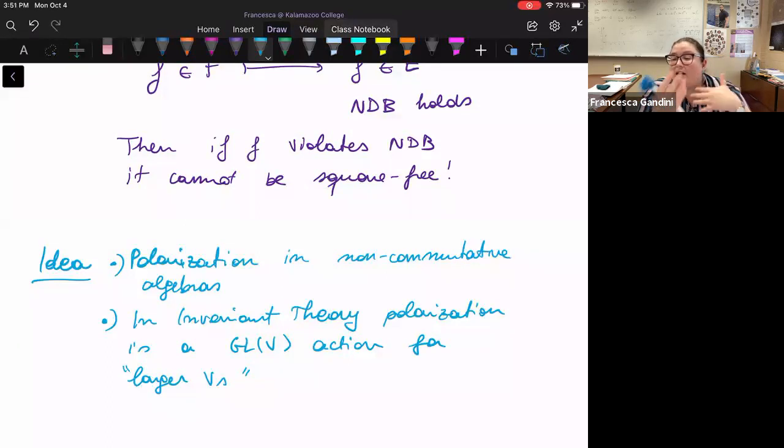So all those different types of polarization that you might have thought about are all kind of actions of GLV in a sense. And this frame of mind might actually help a theory of polarization which is a little bit more general than what we usually do in commutative algebra.